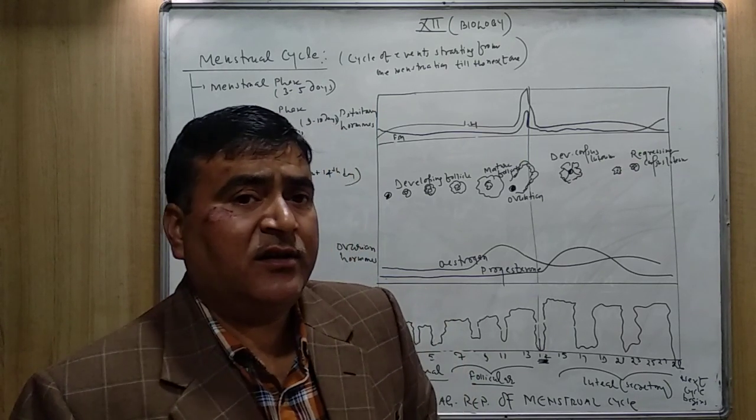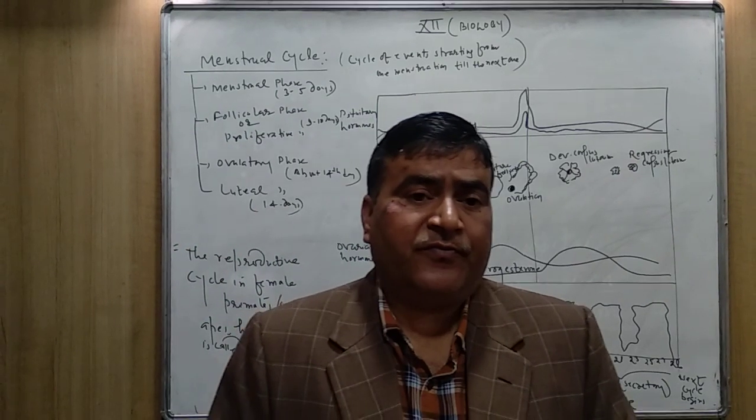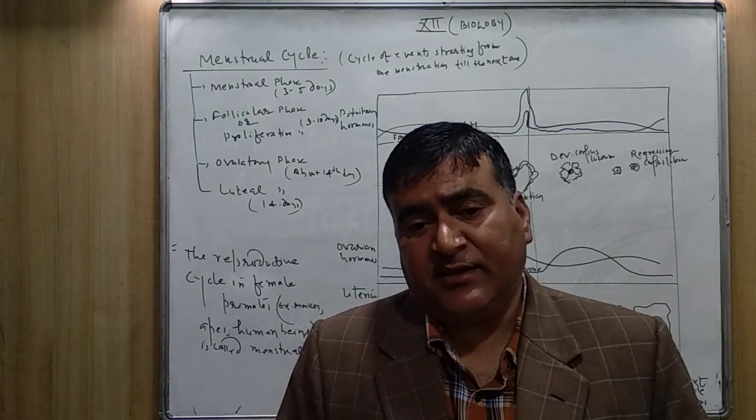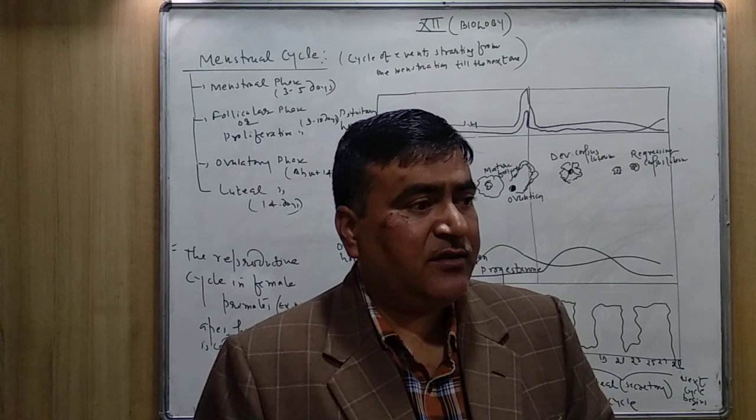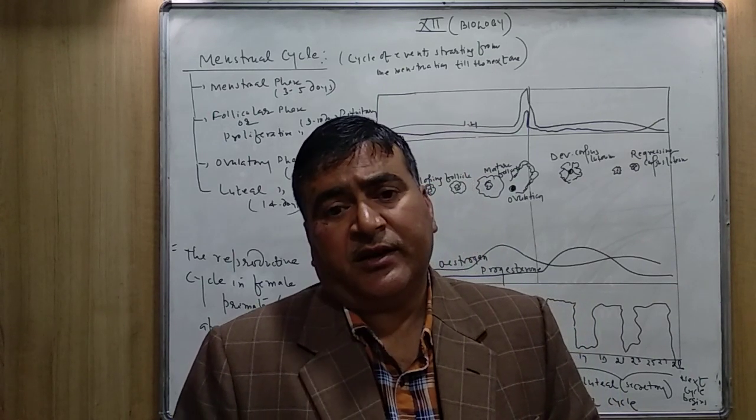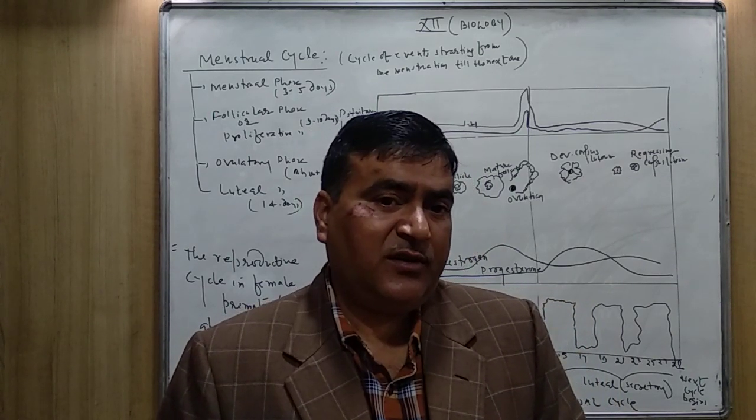FSH hormone also stimulates the other follicular cells inside the ovary to produce estrogen hormone.